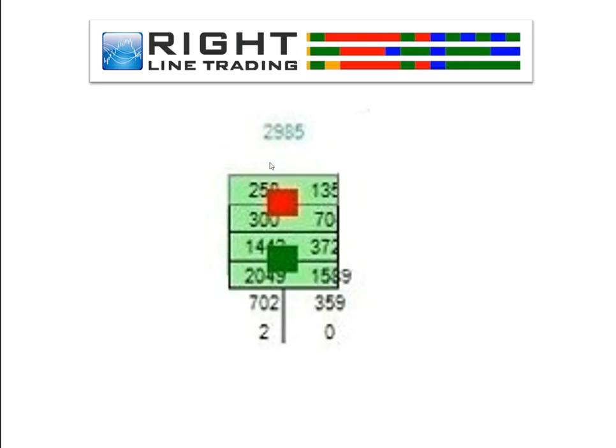The problem is that, and this occurs at every single tick level, it looks at the number of traders sitting on the bid, the number of traders sitting on the ask, i.e. the number of traders looking to buy, the number of traders looking to sell, and determines whether there's buying or selling pressure at any given level. If they're stacked sellers, you see this red square.